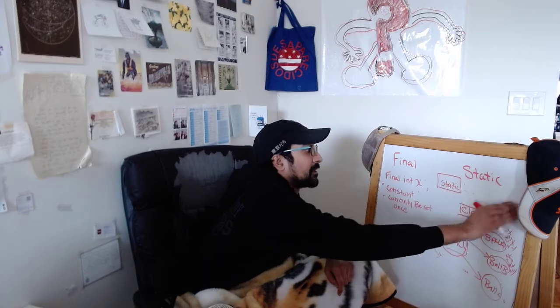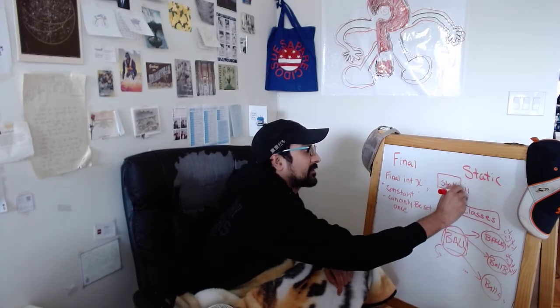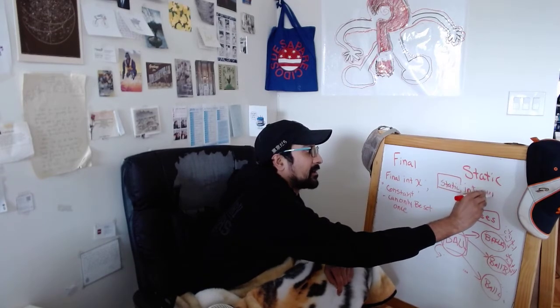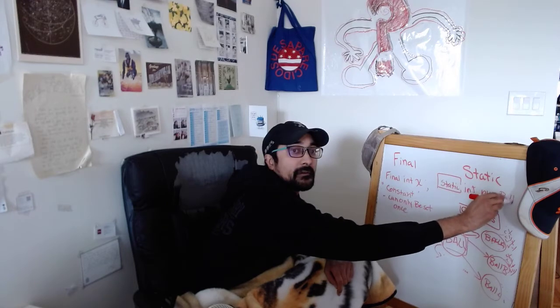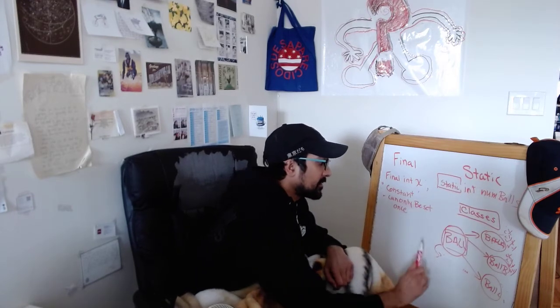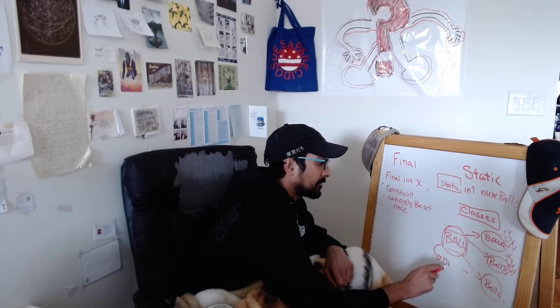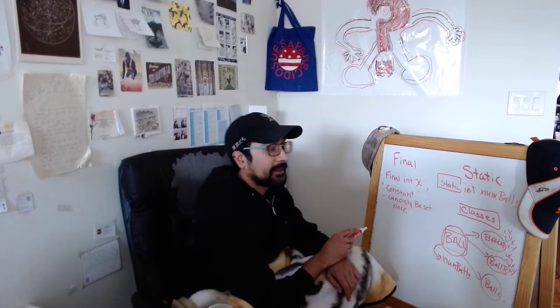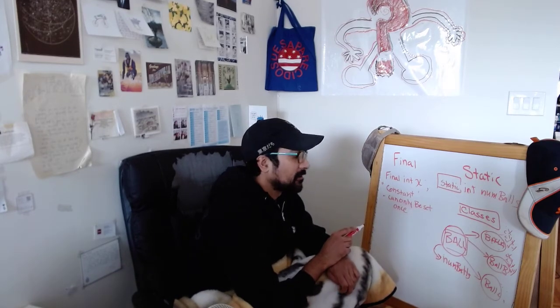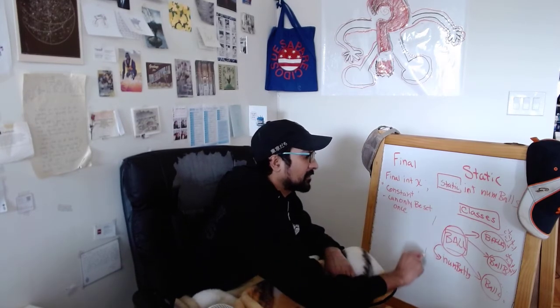I'm just gonna call them numBalls. It's crazy how I come up with these names. Okay, and this has a variable called numBalls, and it belongs to Ball itself, right?